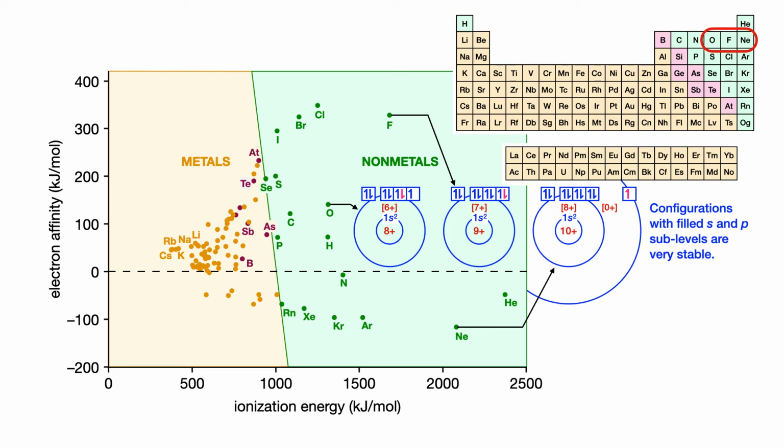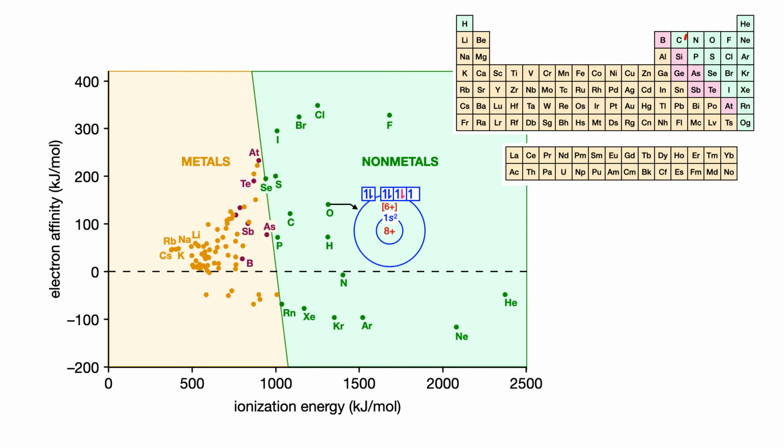Now, another interesting thing comes in if we look to the left of oxygen and look at nitrogen on this graph. Nitrogen is down here in our picture. It has a much lower electron affinity than oxygen, and let's see if we can understand why that is. Nitrogen has an atomic number of 7. The nuclear charge is 7+.